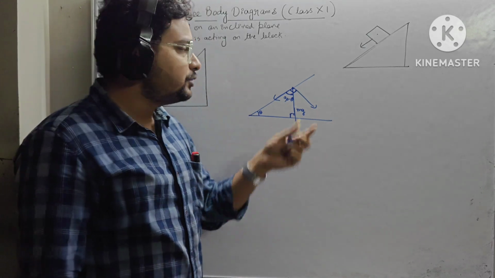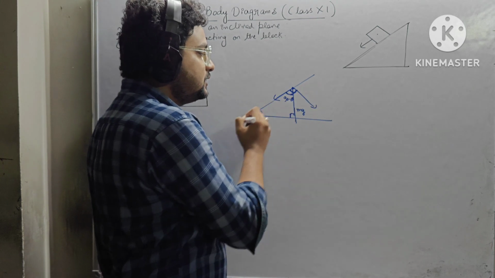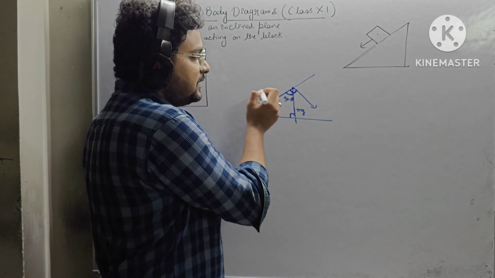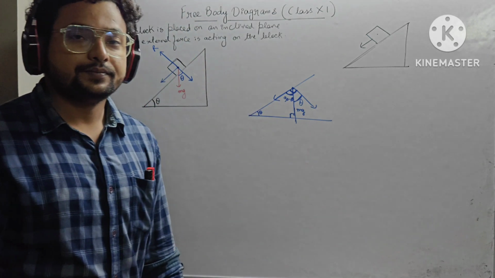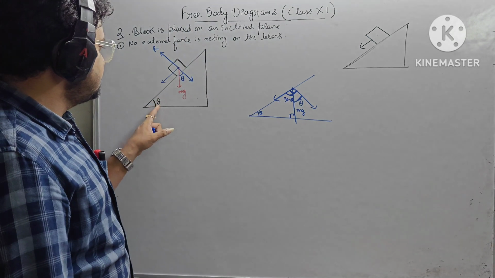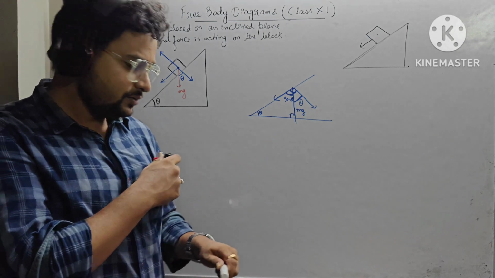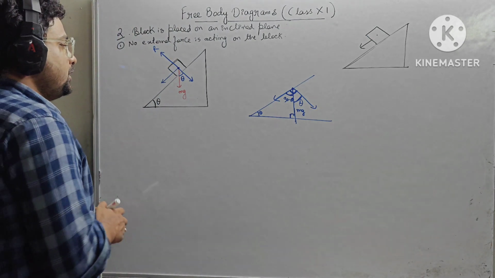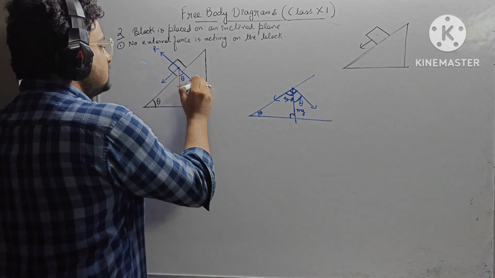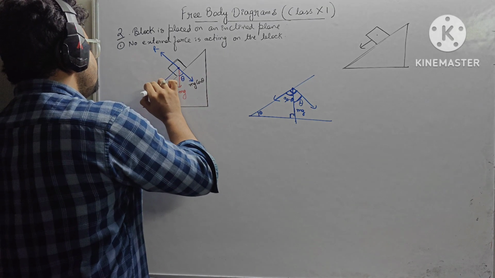If this is 90 minus theta, then this angle is going to be theta. This is the logic of it, easily proved by geometry. So if this is theta, I can write this component as mg cos theta and this component as mg sin theta.